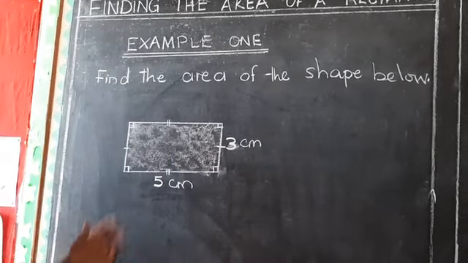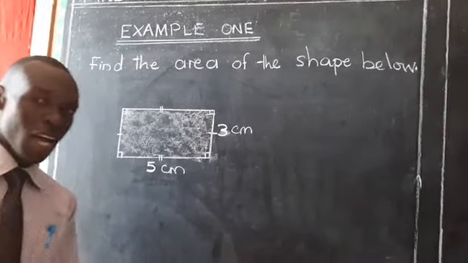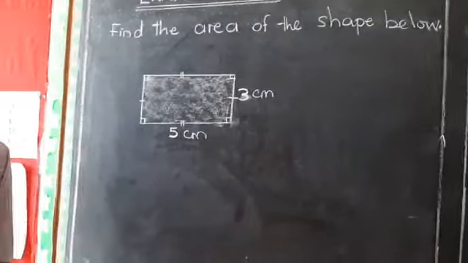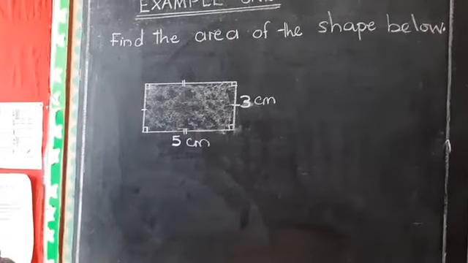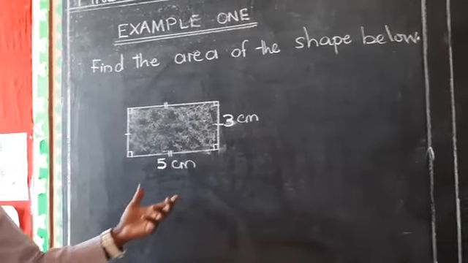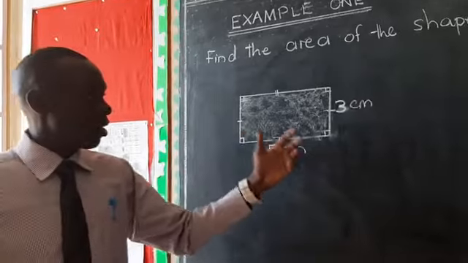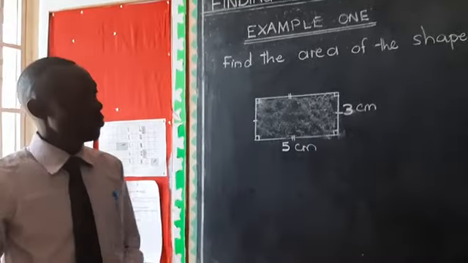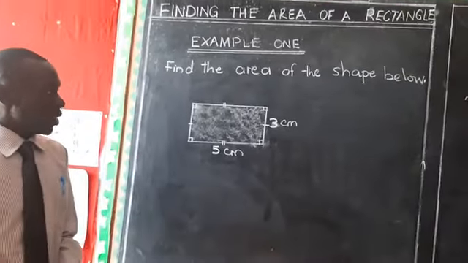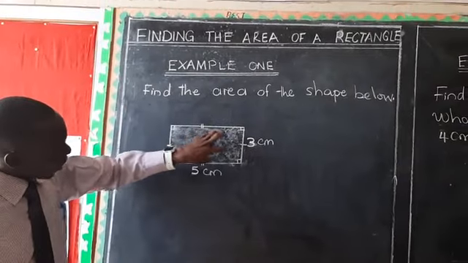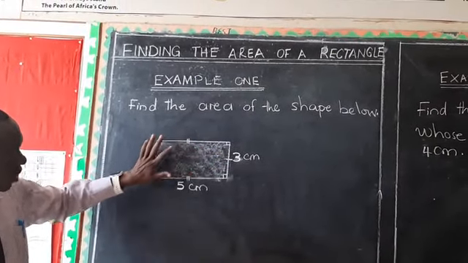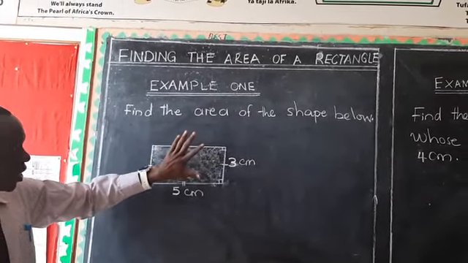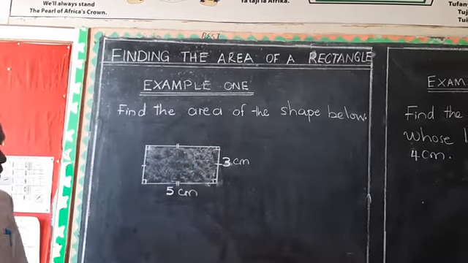Area is the total space occupied by a shape or an object, right? To find what has been occupied by this shape, we can only use multiplication.